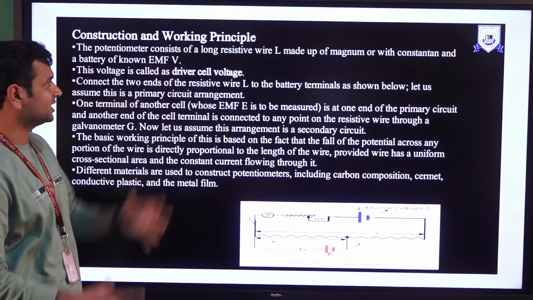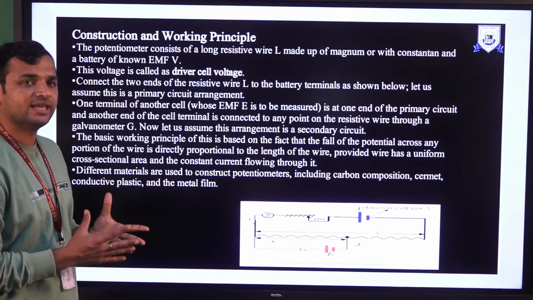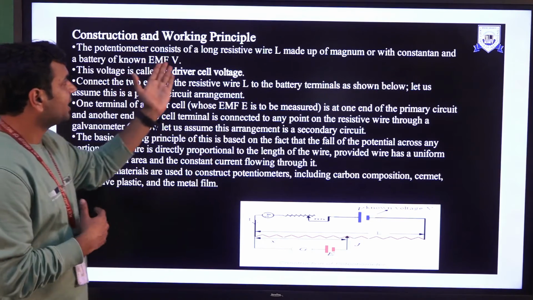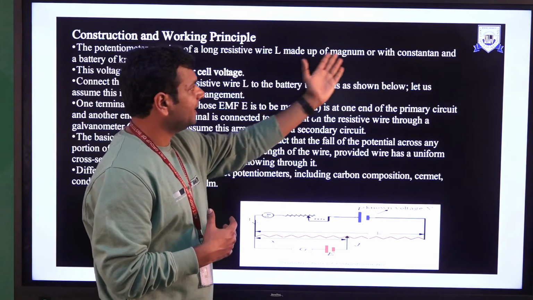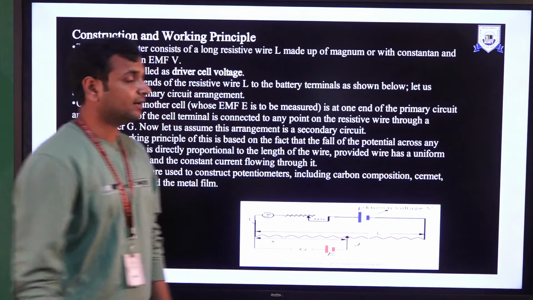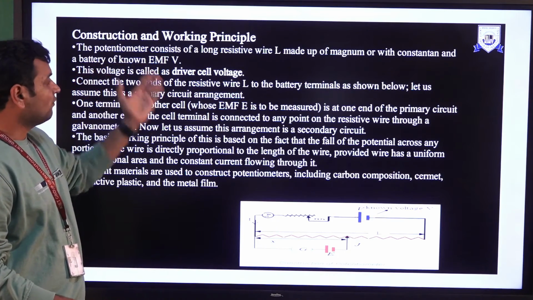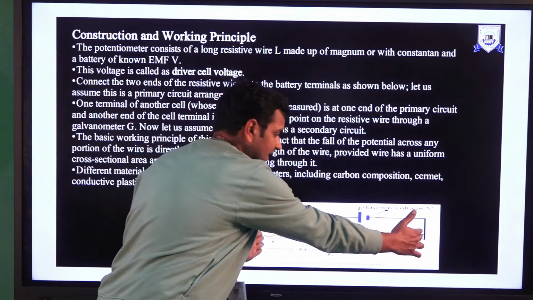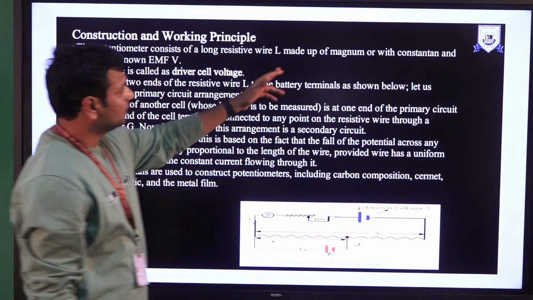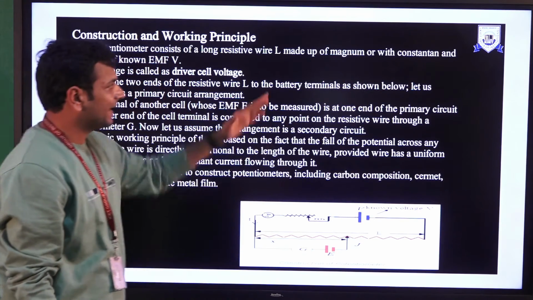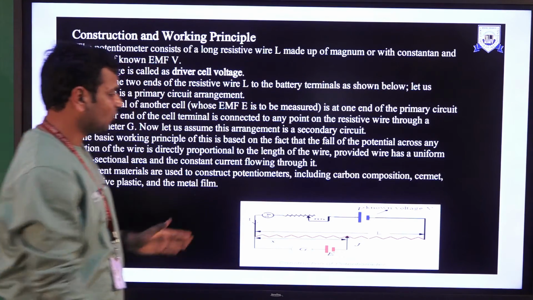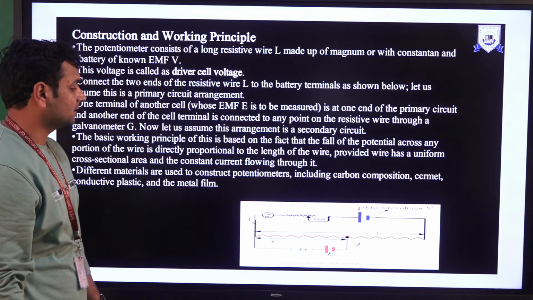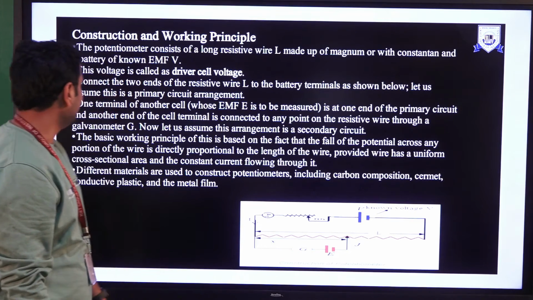Now next is the construction and the working principle. It is very easy, and you have also studied this in the previous semester. The potentiometer consists of a long resistive wire of length L made up of manganin or constantan, and a battery of known EMF V. As you can see, the long resistor wire has length L, and the battery voltage is V. You can see across it the ammeter to measure the current in the circuit.